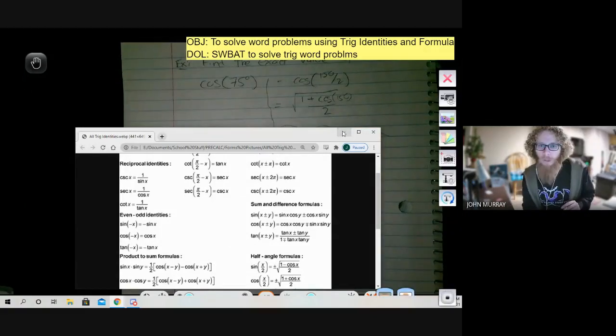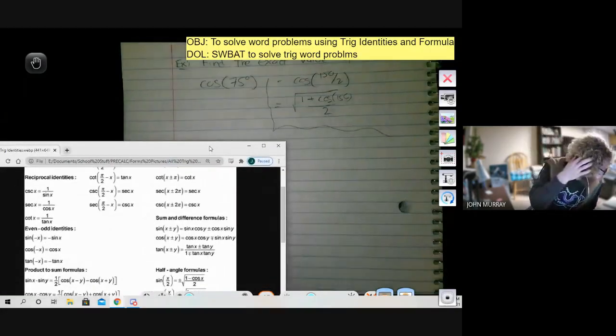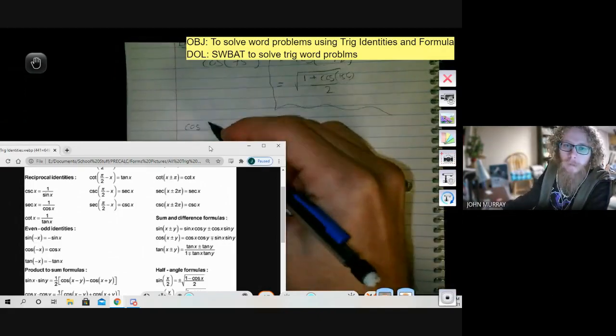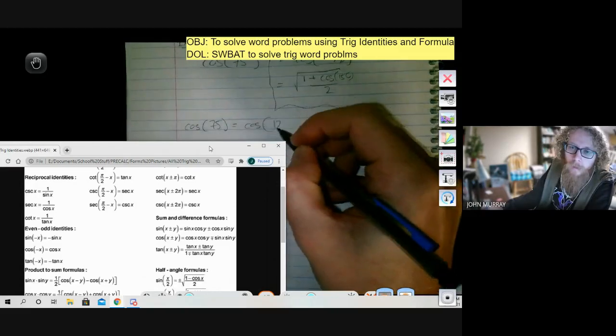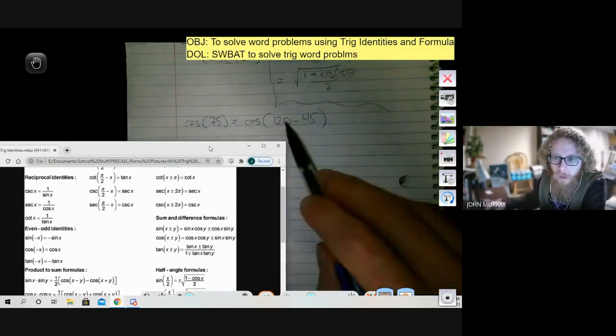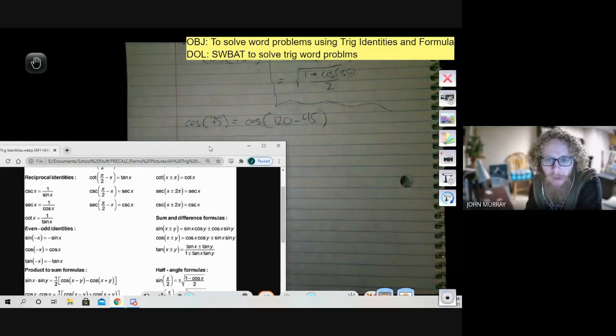So let's do 120 minus 45. Here my x is 120 and my y is 45.